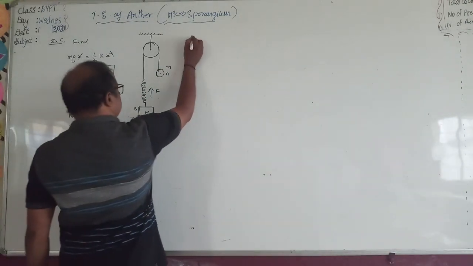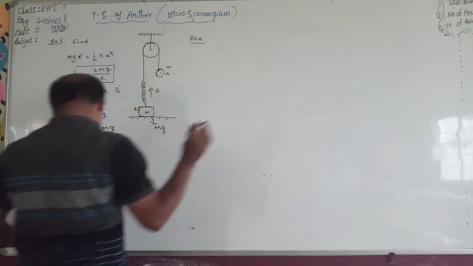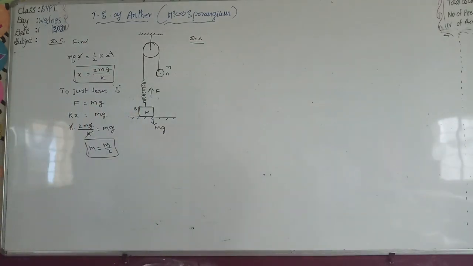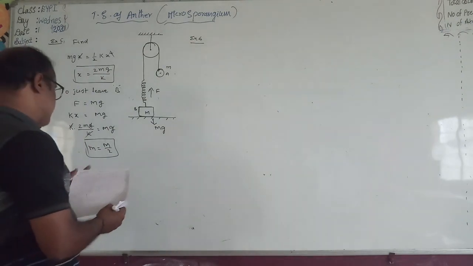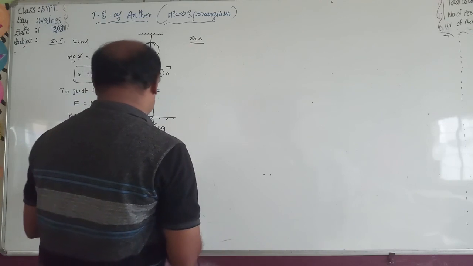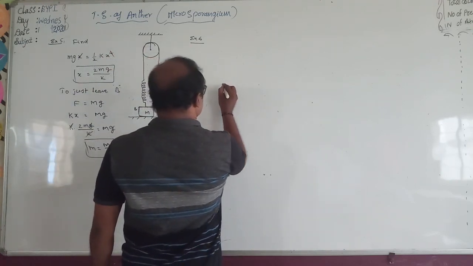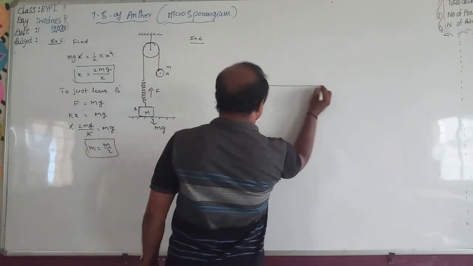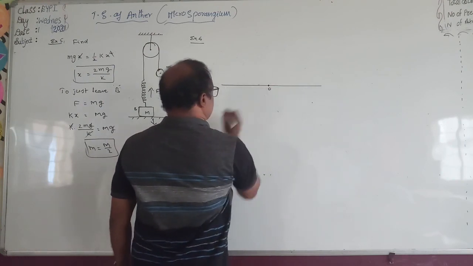Okay, next, there is a sixth example. Two masses, each equal to small m, are lying on the x-axis at minus a comma 0. Suppose this is the x-axis and this is the origin.